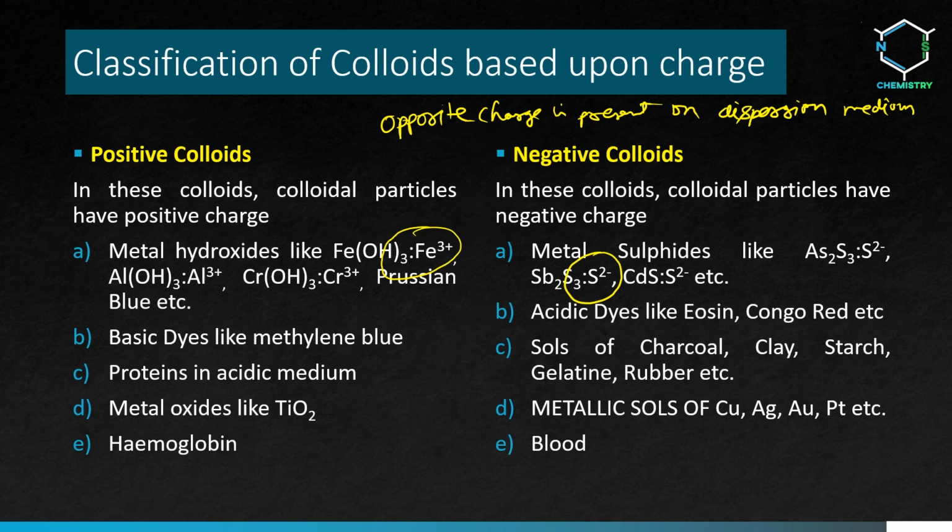RBCs have negative charge, whereas hemoglobin has positive charge inside the RBC. So keep this in mind. Sometimes this particular concept is asked: which is a positive colloid, which is a negative colloid, and what is the charge on the dispersion medium in this colloid. So just remember, if the colloidal particles are positive, then the dispersion medium is negative.